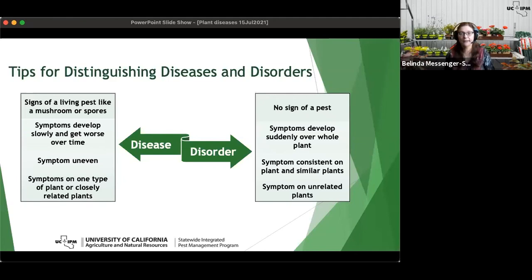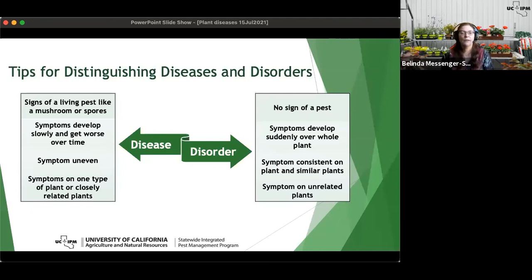Symptoms that develop suddenly over the whole plant are more likely to be a disorder. If the symptoms are uneven on the plant, like maybe just the bark or just the top leaves, that's going to point more to a disease. A disorder is going to be consistent on that plant and on similar plants. Remember, it's an environmental condition, so it's going to affect everything around it.